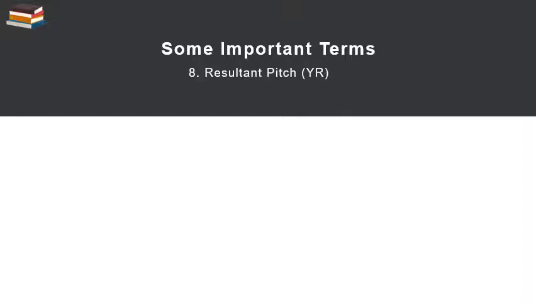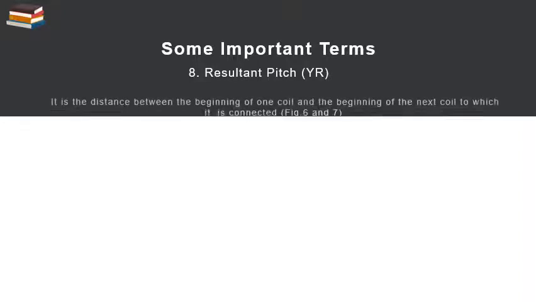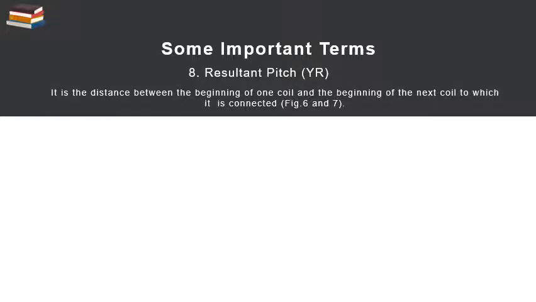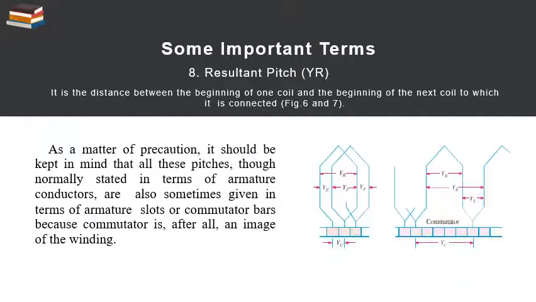Next one is resultant pitch. It is denoted by YR. It is defined as the distance between the beginning of one coil and the beginning of the next coil to which it is connected. We can see figure 6 and figure 7.